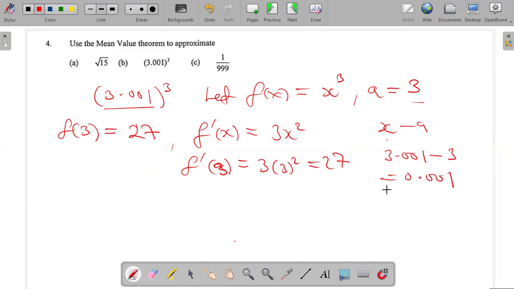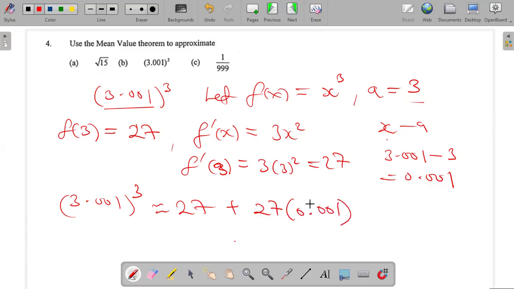Then from here, what do I do? From here, it's plug and chug. So you have 3.001, which is like your f of x. This will be approximated by f of a, which is f of 3 in this case, so that will be 27, plus f prime of a, which is also 27, multiplied by 0.001, since that's the difference there.